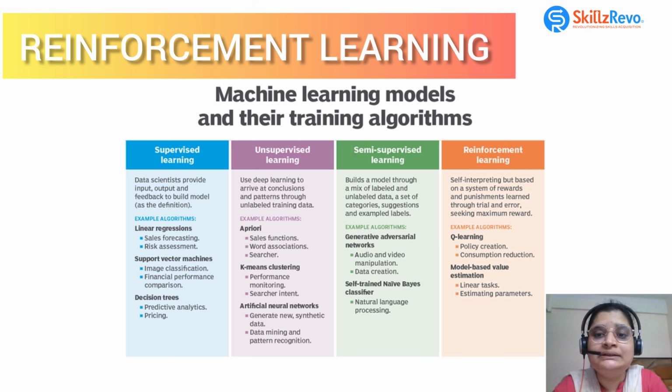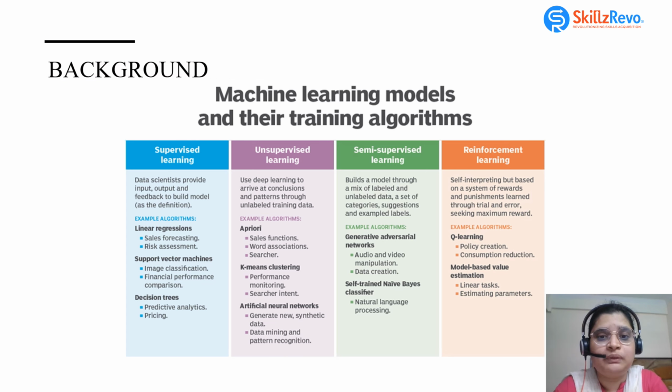The models learn through trial and error, receiving rewards or penalties based on their actions. This method is heavily used in areas like policy creation and consumption reduction. Q-learning is a standout algorithm here, teaching models to make the best decisions by maximizing the cumulative rewards.